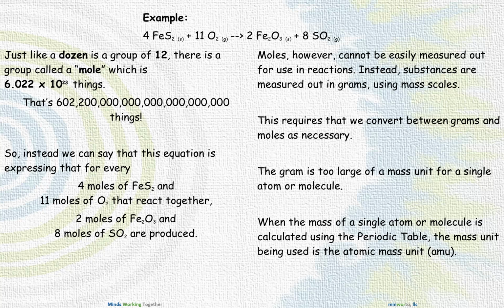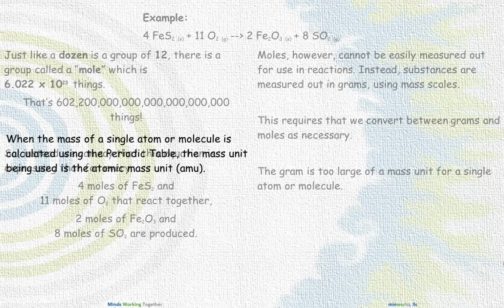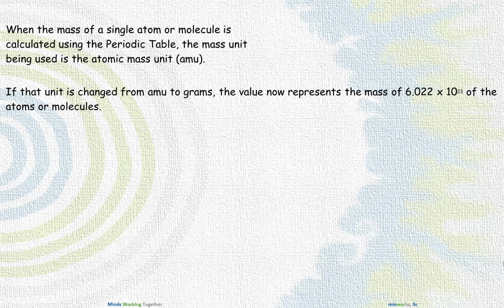When the mass of a single atom or molecule is calculated using the periodic table, the mass unit being used is the atomic mass unit, abbreviated AMU. If that unit is changed from AMU to grams, the value now represents the mass of 6.022 times 10 to the 23rd of the atoms or molecules.